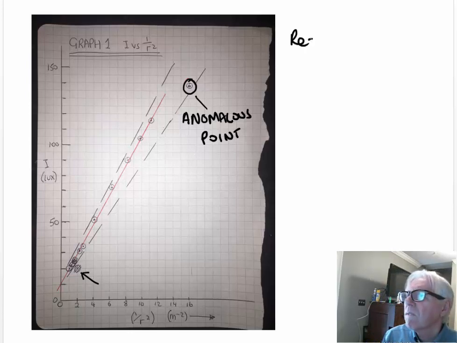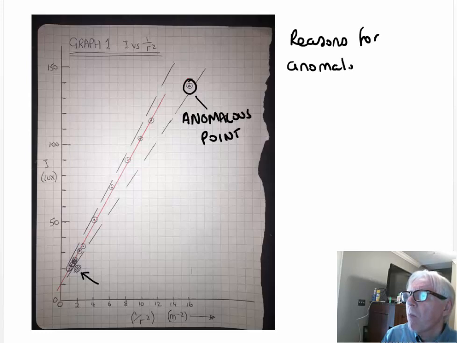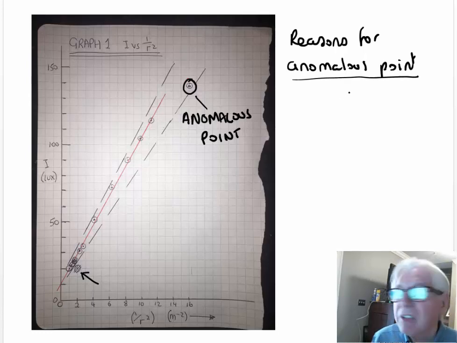So, reasons for the anomalous point. You can't just say, oh, I don't like it. You've got to have some resolution for it in your mind.